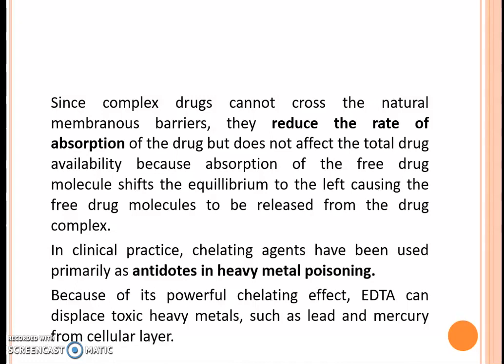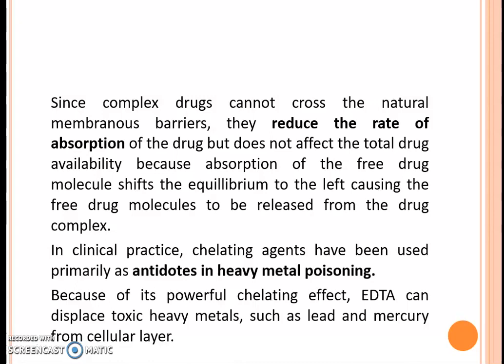Now, as complex drugs cannot cross the natural membranes, they reduce the rate of absorption of the drug and also affect total drug availability, because absorption of the free drug molecule shifts the equilibrium to the left, causing free drug molecules to be released from the drug complex.